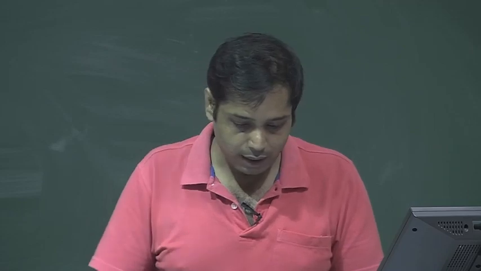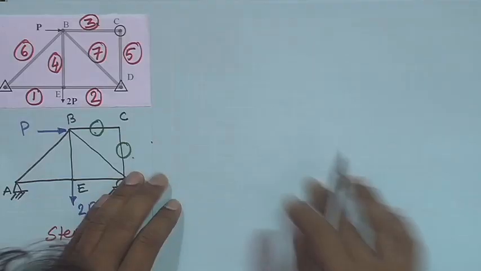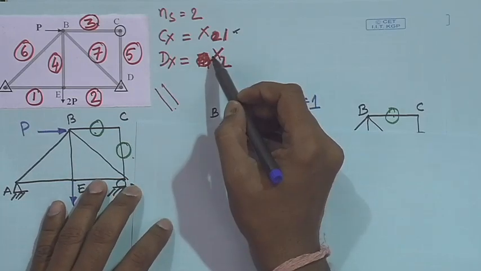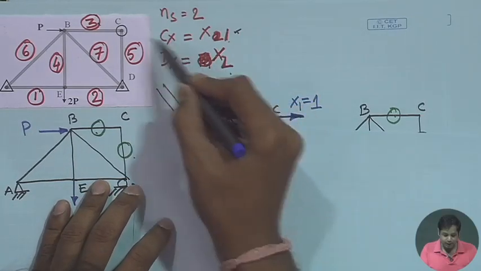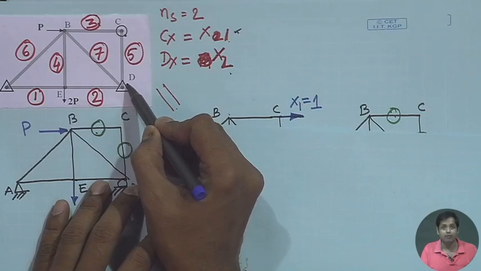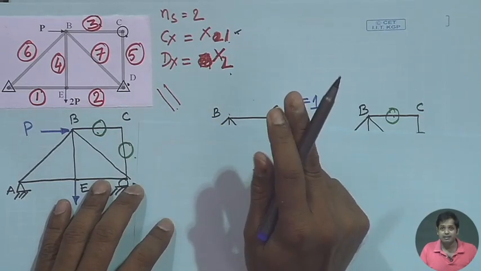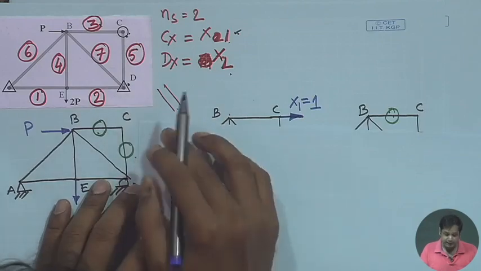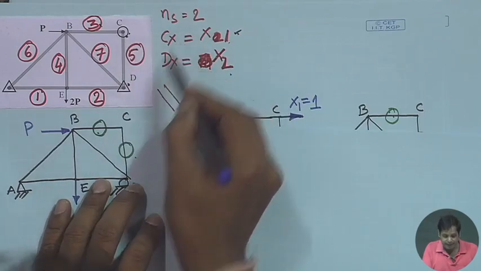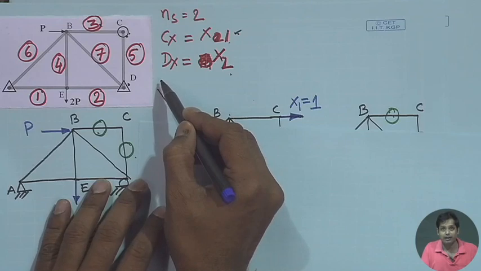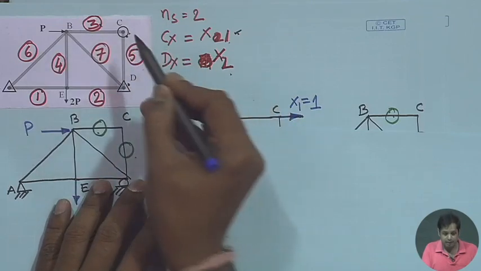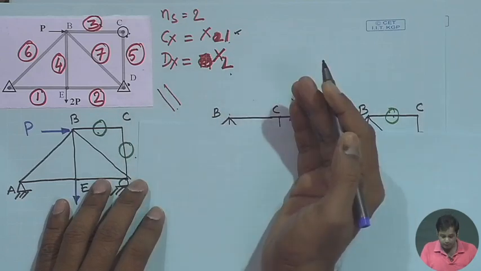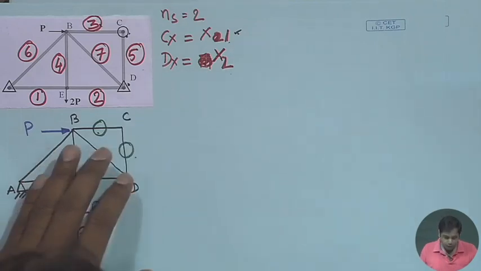We have two redundant forces here, x1 and x2. x1 is at point C, x2 at point D. So, we need to consider the horizontal displacement at point C and the horizontal displacement at point D. We can see from the actual structure that these will be 0.